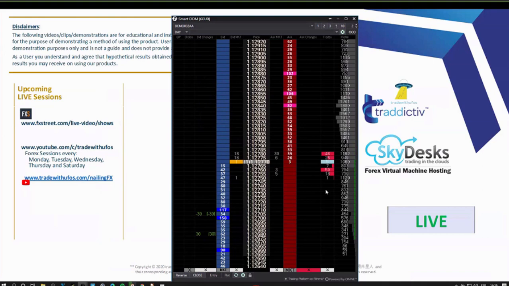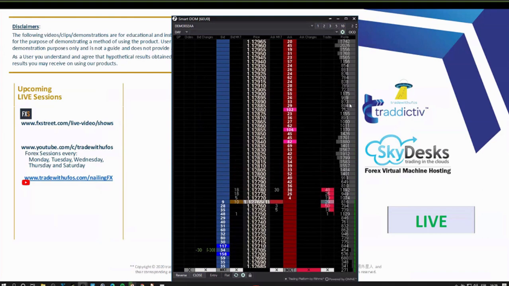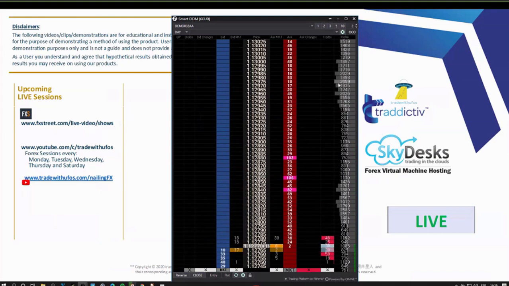And here is the market profile, the volume, as we saw on the footprint chart. Where's the volume? This is the point of control here, 2059. That's the point of control of today.